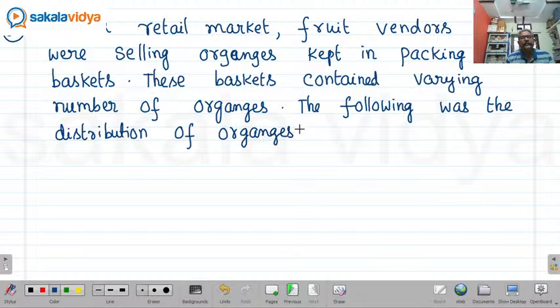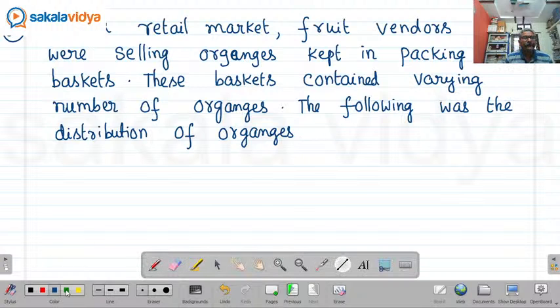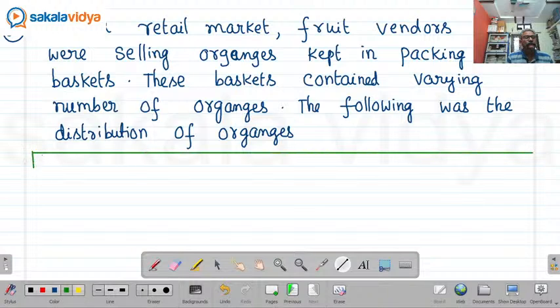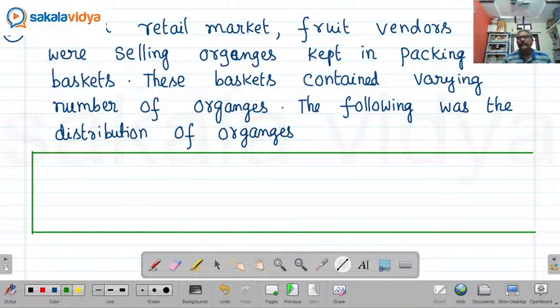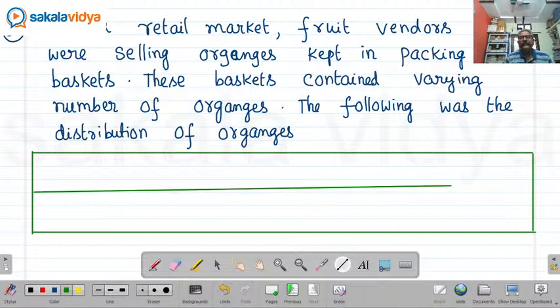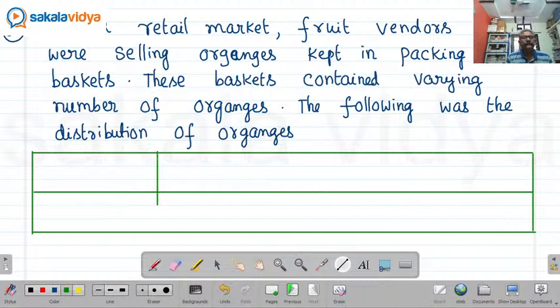That means a frequency distribution table has been given. So let us draw the frequency distribution table for the given data.